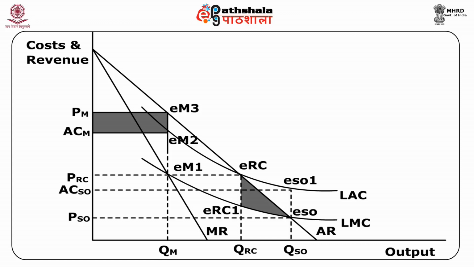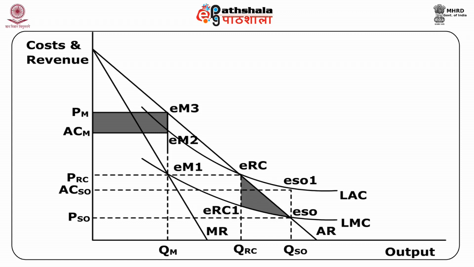This level of output is not the most efficient since average costs are declining. Further, since the price charged is greater than the marginal cost incurred, more of the public utility service is desirable from society's perspective.